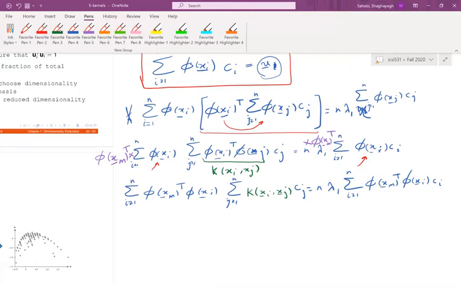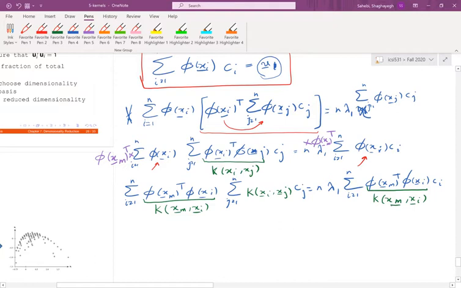So this looks nice now. Why? Because I have two other kernel-like formulations here. The first one is basically the kernel value between xm and xi, and similarly here, I have the kernel between xm and xi. So what I have now in my new equation is this.